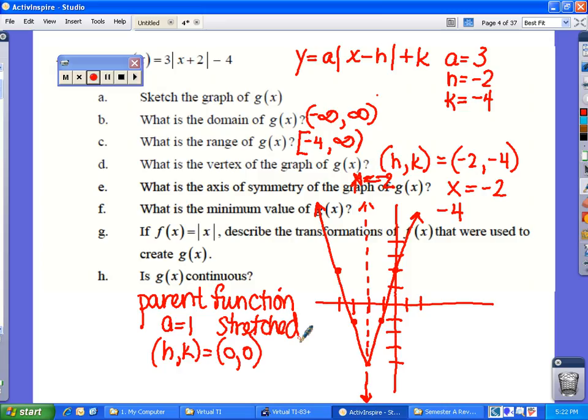And we have shifted the function from the original vertex of 0, 0 to the left 2, given by h of negative 2, and down 4, given by a k of negative 4. So again, stretched vertically by a factor of 3, shifted left 2, and down 4.